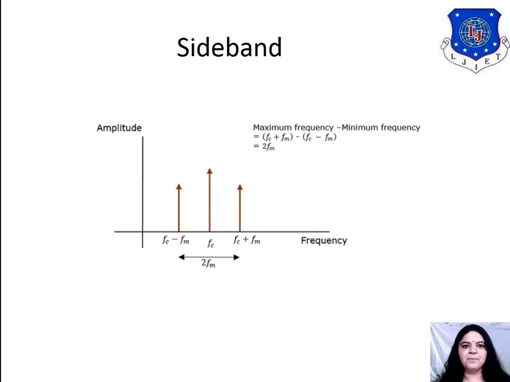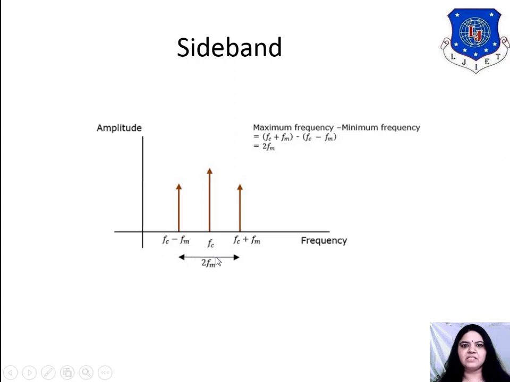This is the amplitude spectrum of an AM wave, which consists of the carrier wave and the two sidebands. Here the x-axis represents the frequency and the y-axis represents the amplitude. The carrier has the frequency fc, and the sidebands are at fc minus fm and fc plus fm.